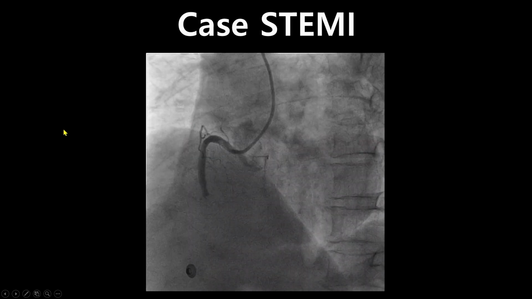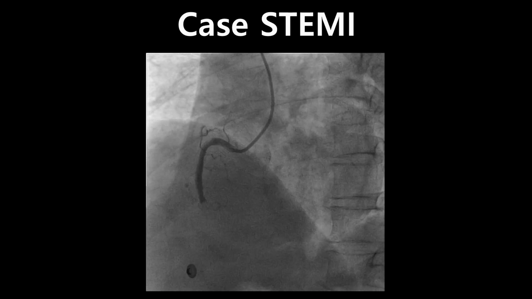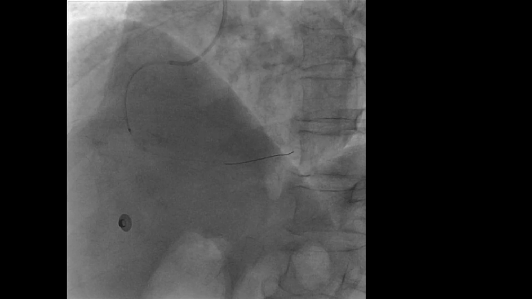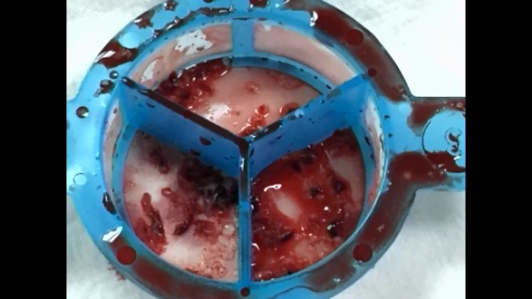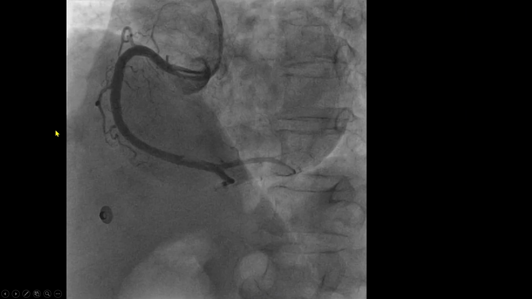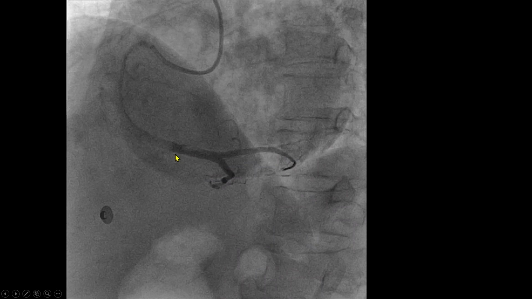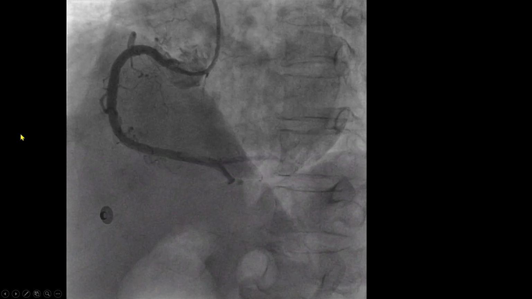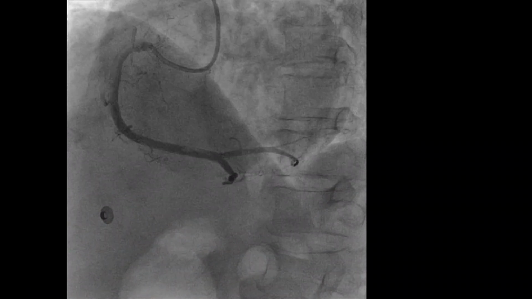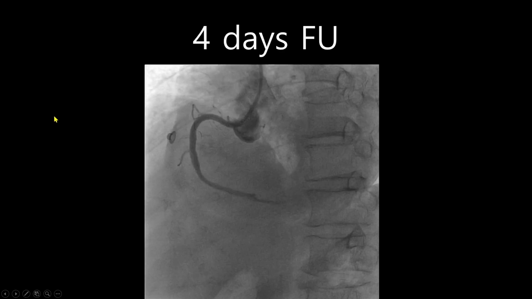We show a case of STEMI with total occlusion of the RCA middle. So we used a thrombus aspiration catheter. We removed the massive thrombus. So finally, without stenting, we can see we have TIMI 3 flow, but still have a haziness for this lesion. So we decided to use a 2b3a inhibitor for this patient.